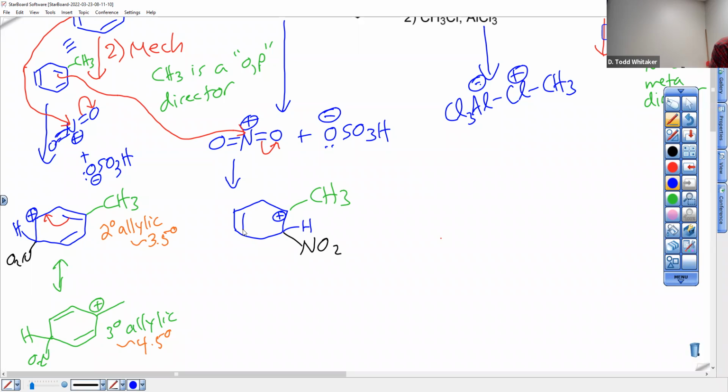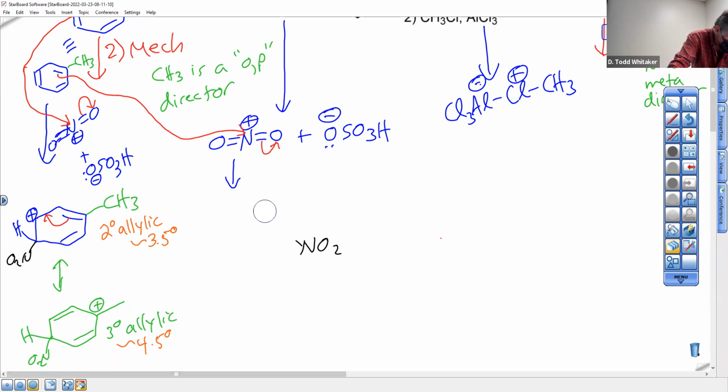What did I do? Oh, I didn't do it like I drew the molecule at the top of the screen. My apologies. I do not want to rotate and mess your mind up. Can I redraw this? Please bear with me. I want to put it on this ortho position up here, not the other one. I wanted it to reflect the way I drew the molecule originally. Didn't touch this.